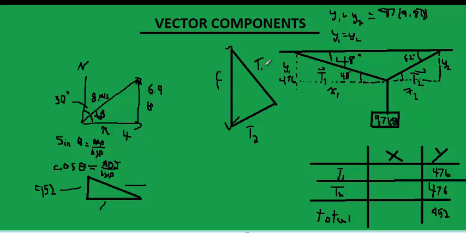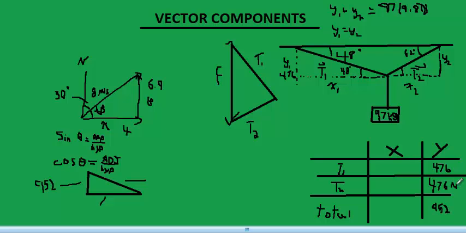And because both of these are equal, they can each be half of that. When we type in 97 times 9.81, we get approximately 962 in our calculators. Divided by 2, we have a vertical tension in both of the ropes of 476 newtons, right here and here.